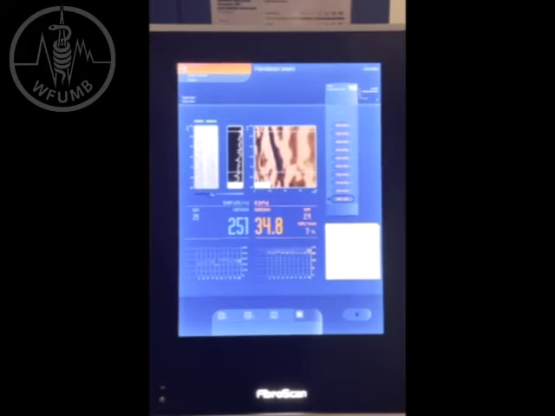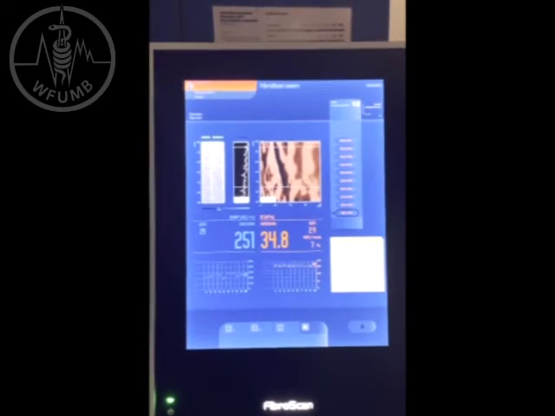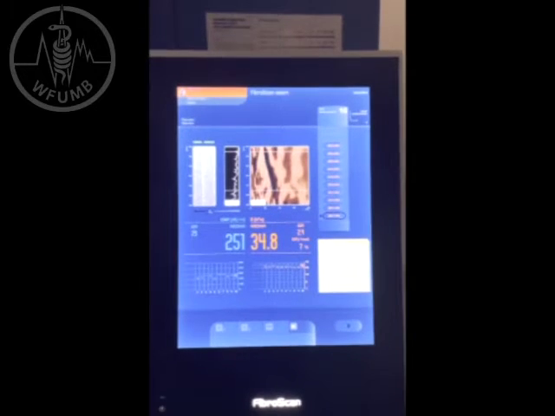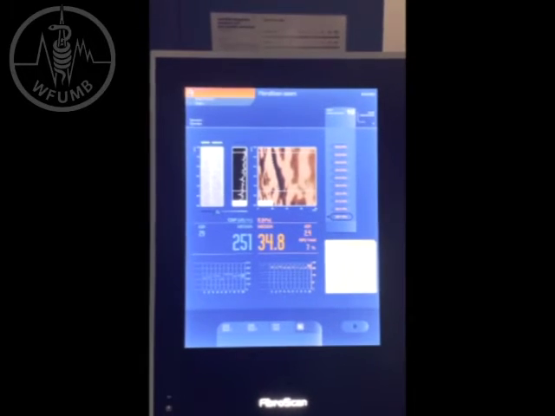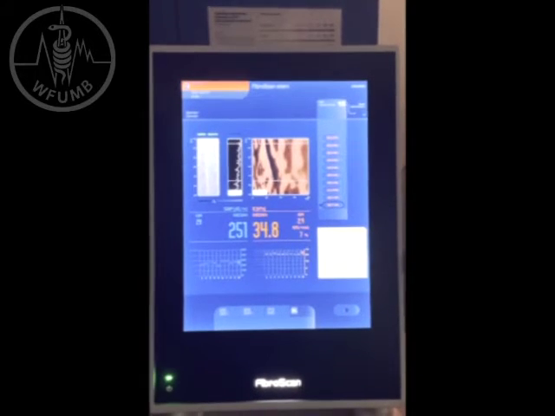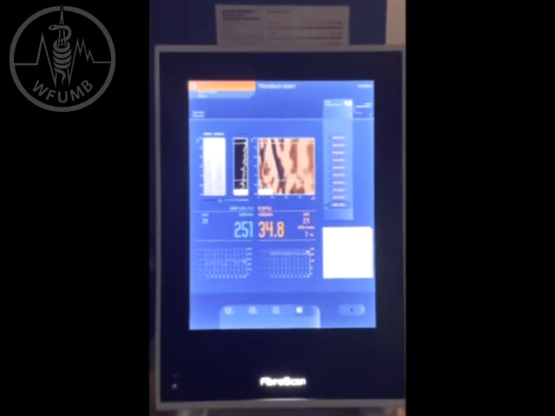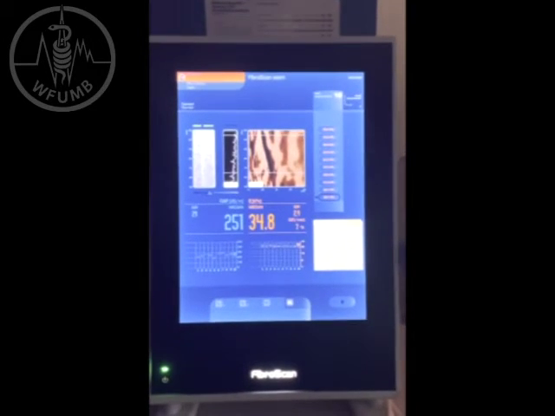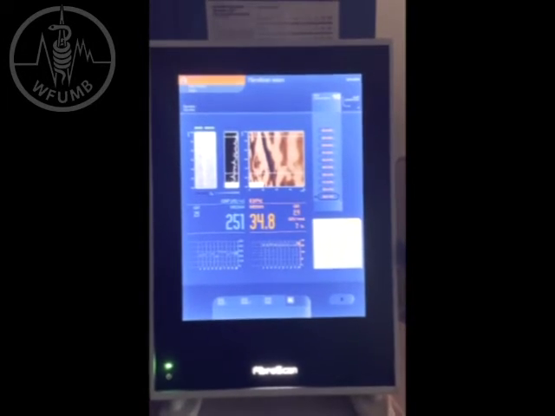The CAP value which we obtained is 251 decibels per meter, with an IQR value of 29. We consider CAP estimates reliable with an IQR value below 40.